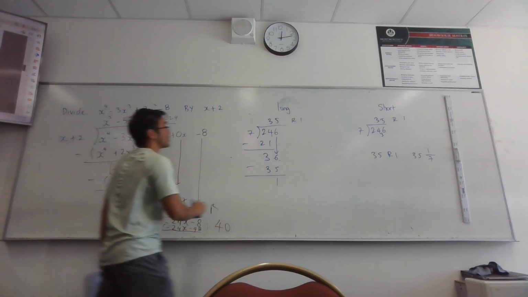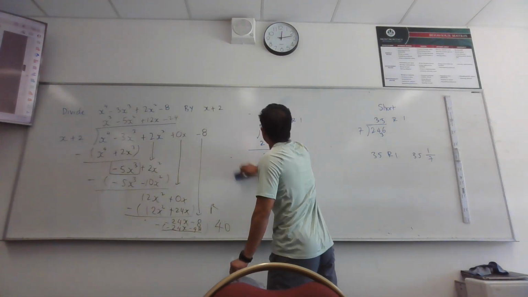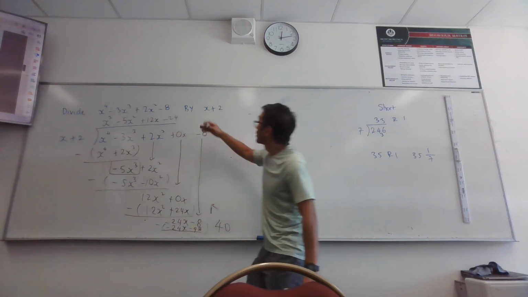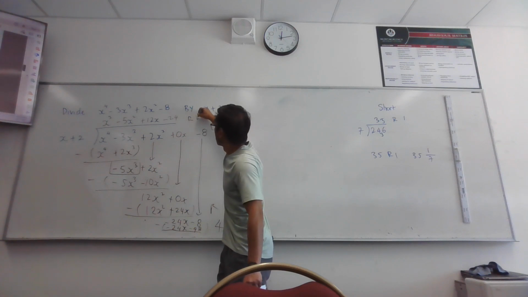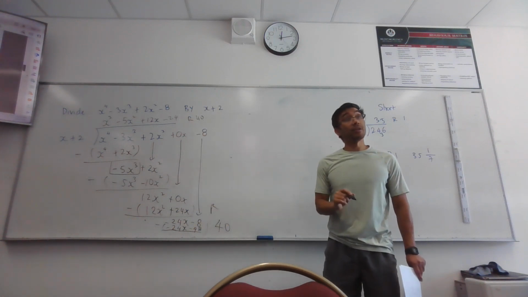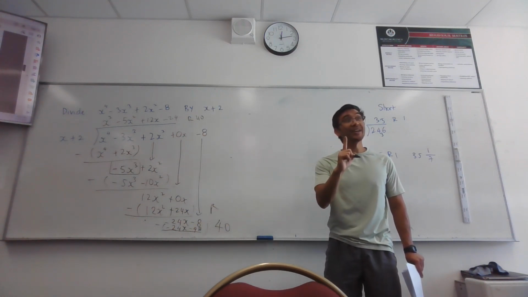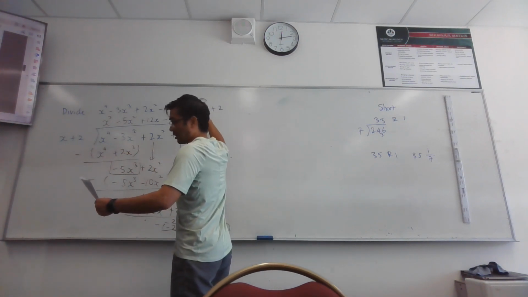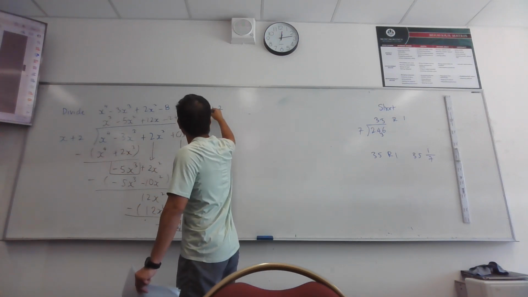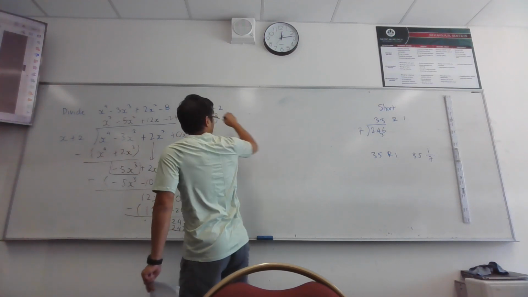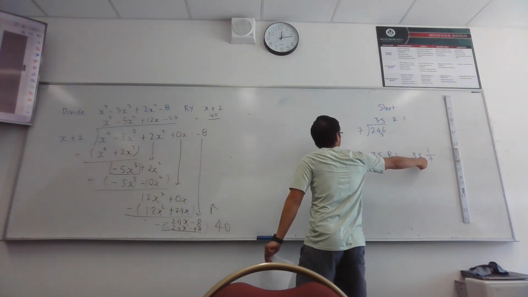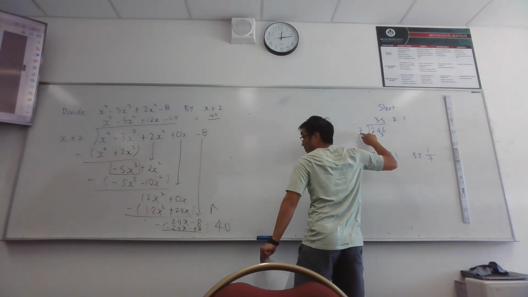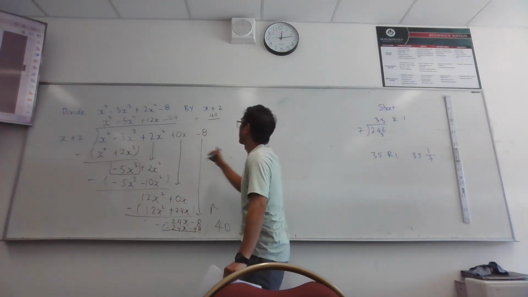Now, look carefully here. We have a remainder of 40. You can either write it as remainder 40 up there. Can you see how we added the 1 on 7, because it's the division with the divisor?